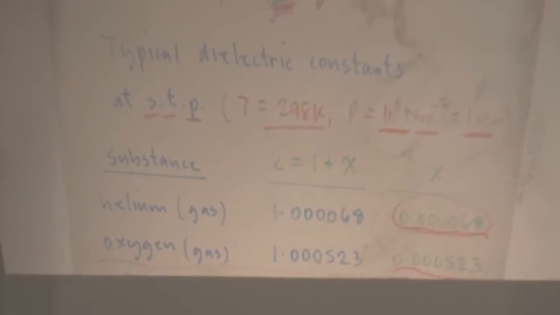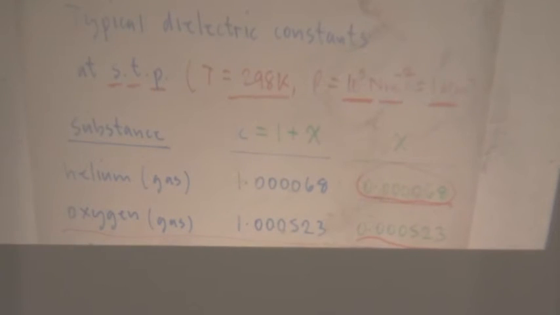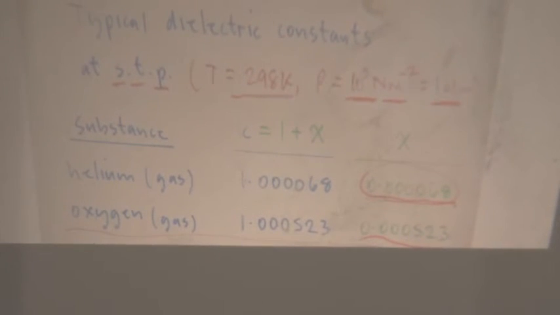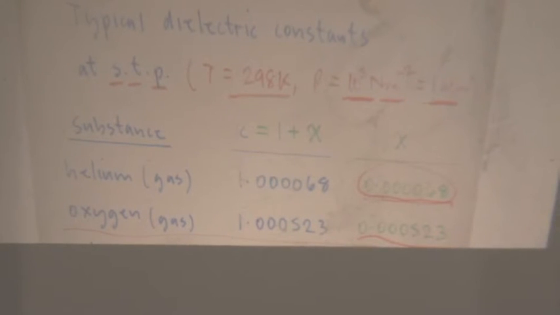Oxygen has got, roughly speaking, 1 order of magnitude greater. So we're assuming there's the same number of oxygen molecules, but now in the oxygen molecule the electrons are less tightly bound, so they can be pulled more relative to the nuclei, so the thing is more susceptible.